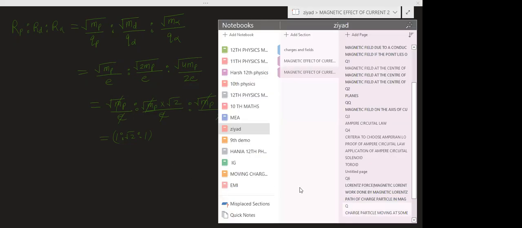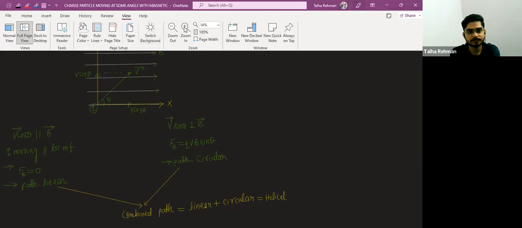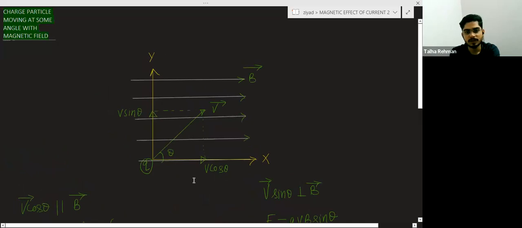So your charged particle is moving like this. This is your charged particle Q, and this is the magnetic field. Here the magnetic field is along the x-axis, and the charged particle is moving in this direction.